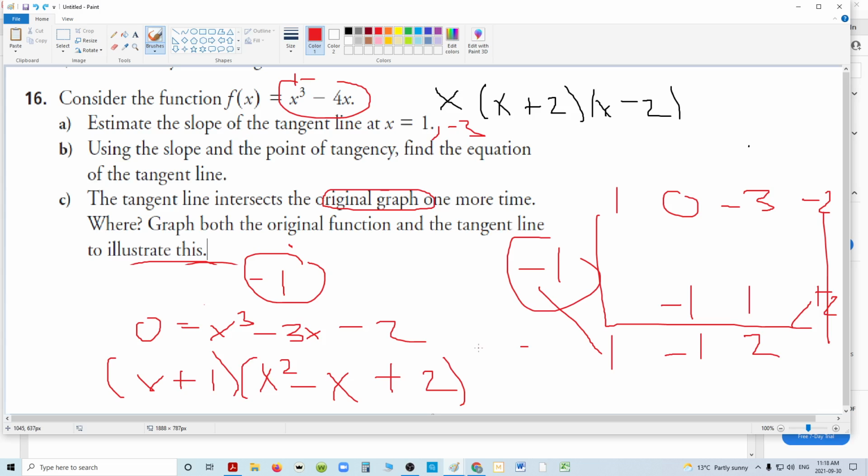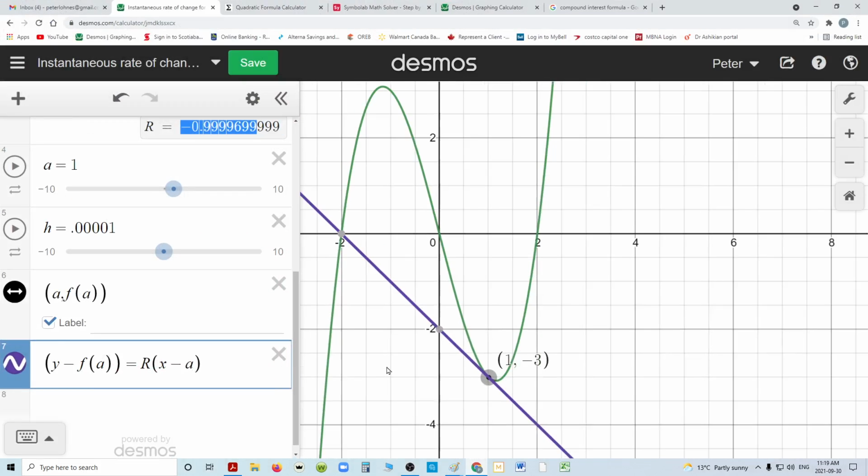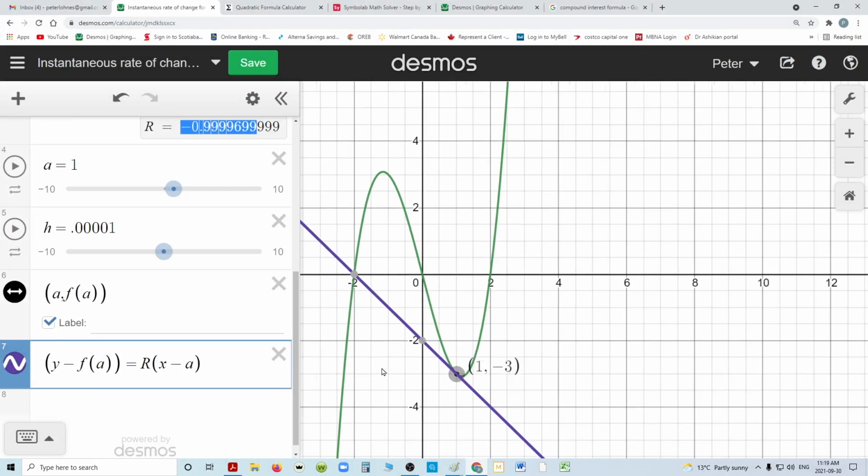Plus 2 is not minus 1, because that adds up to minus 2. Right. So now we can set this equal to 0 to figure out, why does it come up with 3? How many times does it intersect the graph? Just one more time.